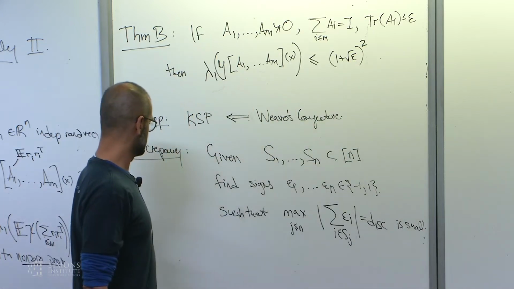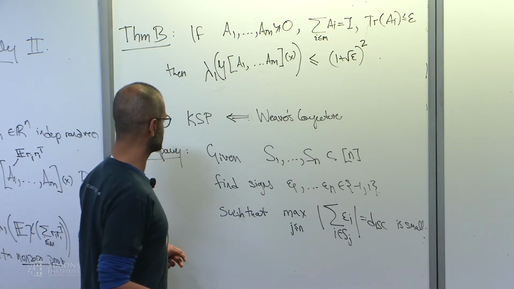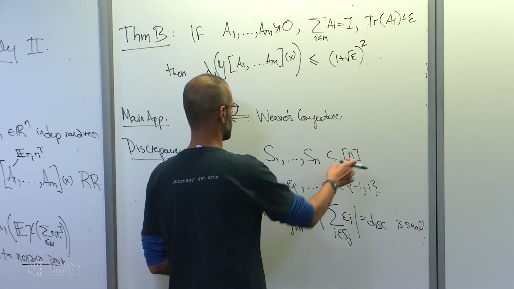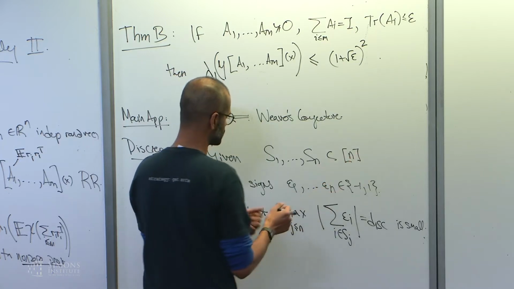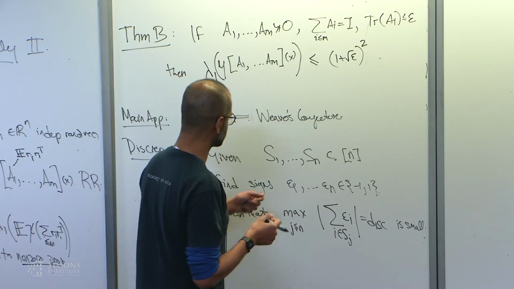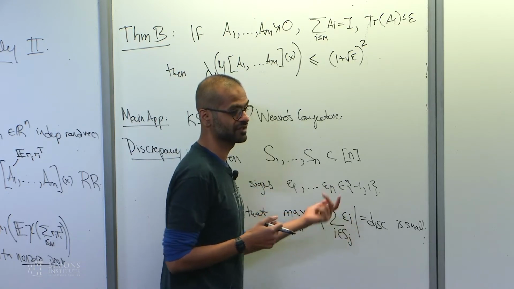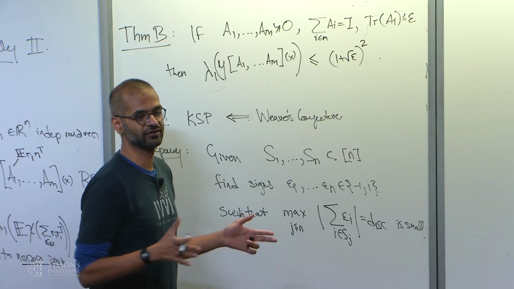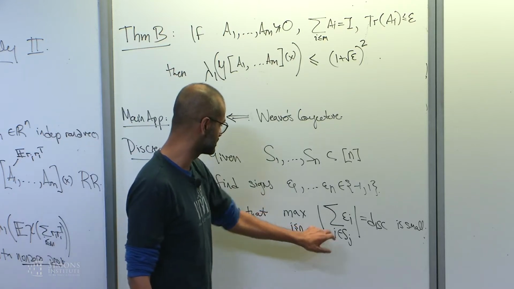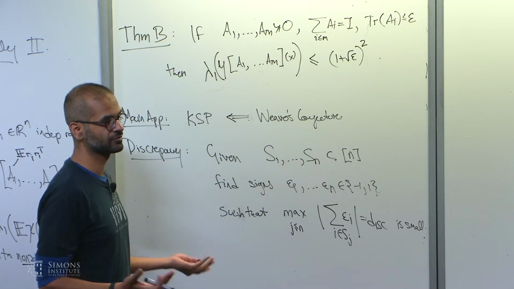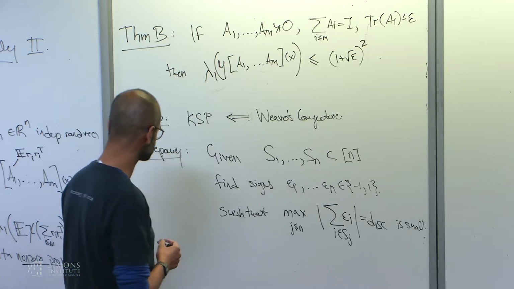So it makes sense to call it the discrepancy. You want to partition these numbers 1 through n into two sets in such a way that for each set, almost exactly half is plus and half is minus. And how far you are from being exactly balanced, that's the discrepancy. So that's a type of combinatorial problem.